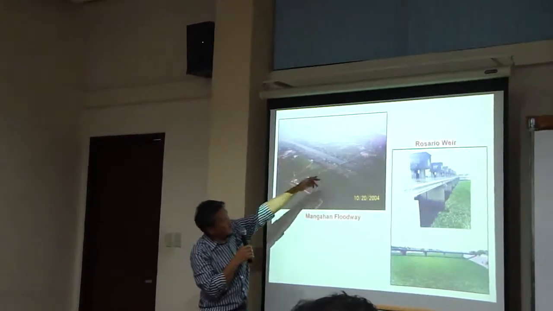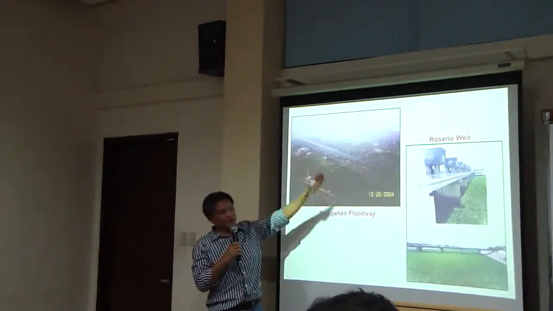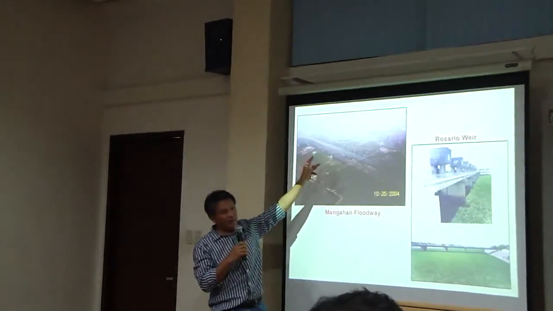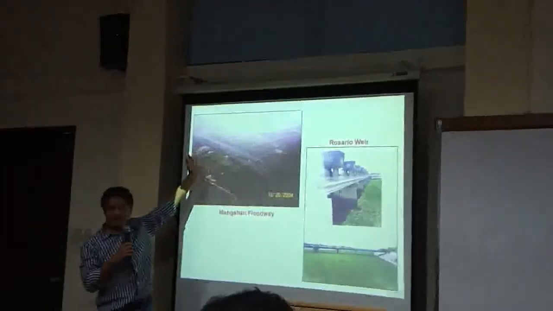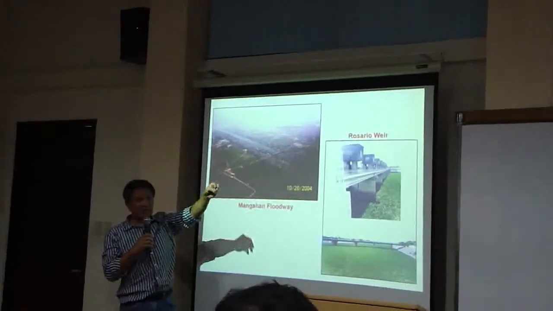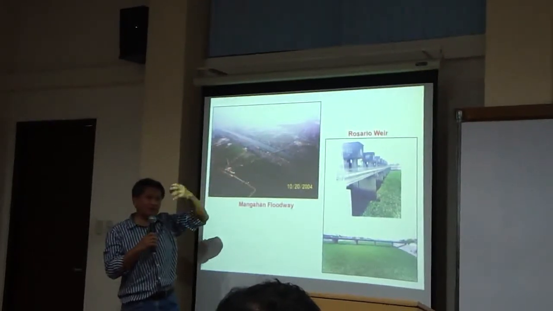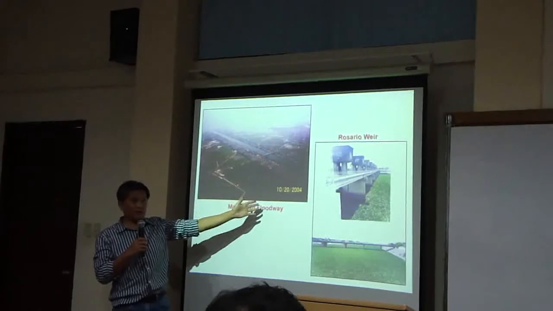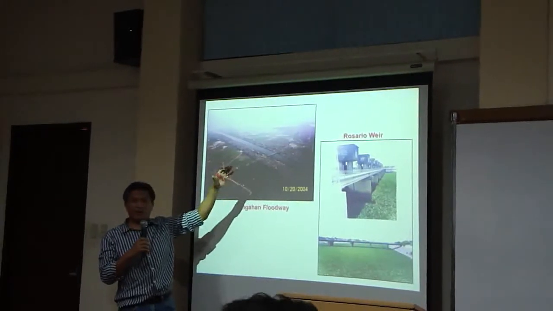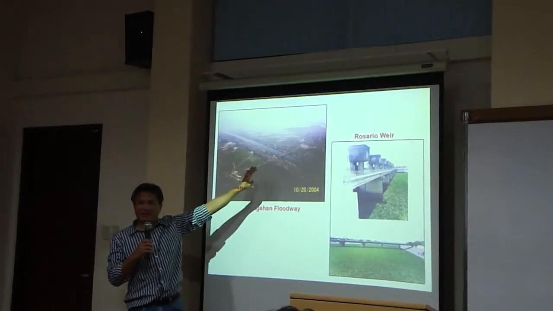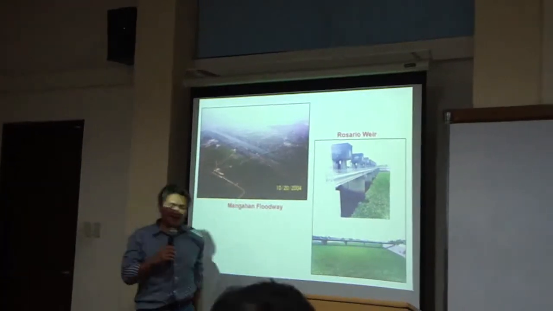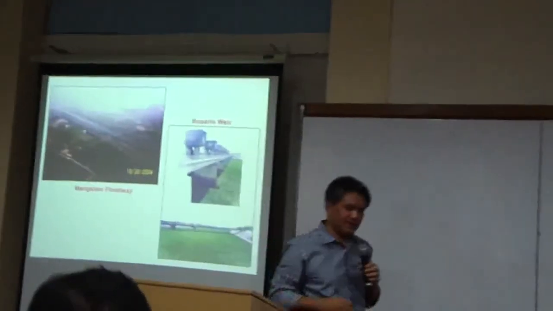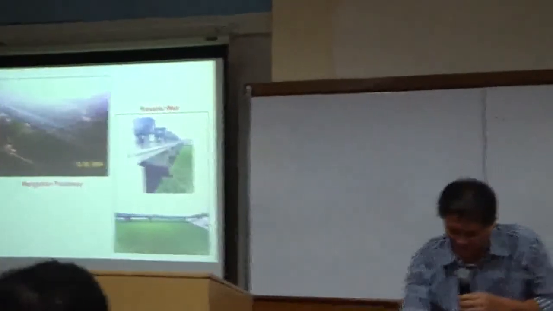But anyway, this is again a constriction. Whether that really contributed, if you have 3,000 going into the floodway, maybe you could have evacuated much more water without those roughness elements, the informal settlers inside. So now that's cleaned up.